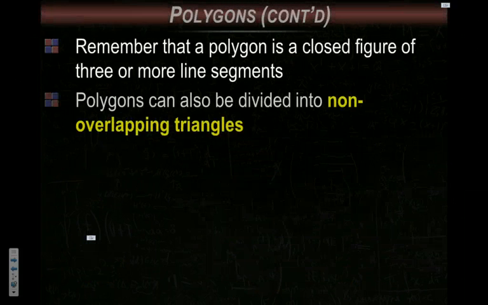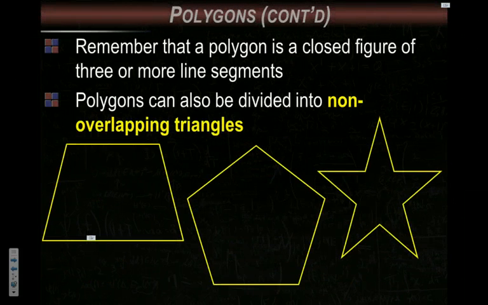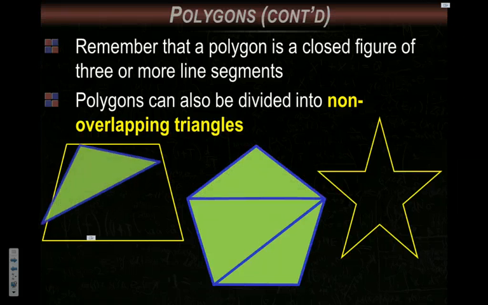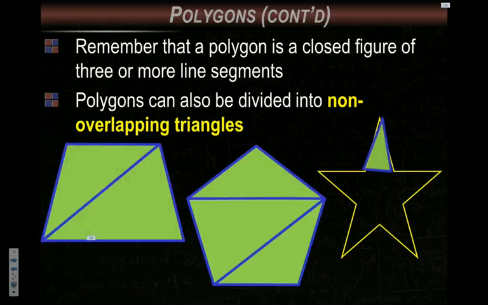Okay, now, here's the thing about polygons. Polygons, which are these closed figures, can actually be turned into just triangles. I'm going to show you that right now. Here's 3 polygons, and you can actually turn them into triangles that don't overlap with one another.